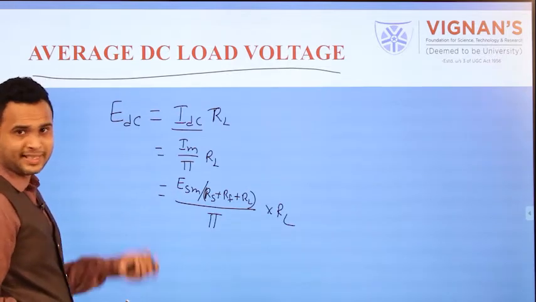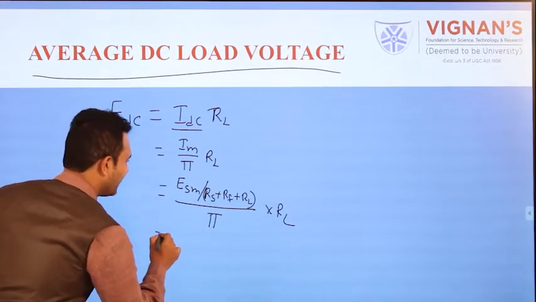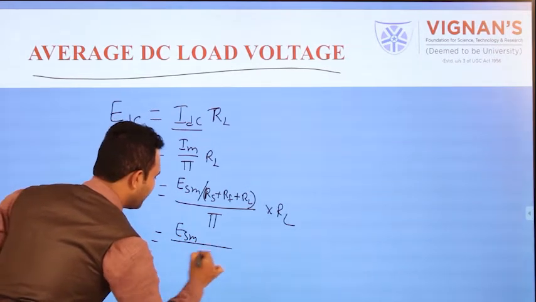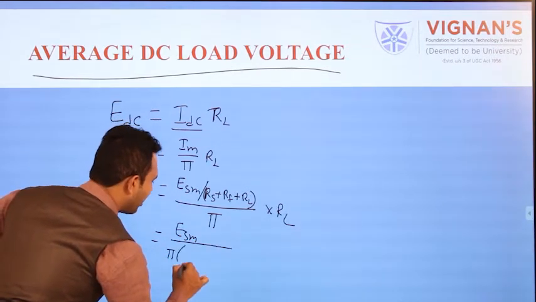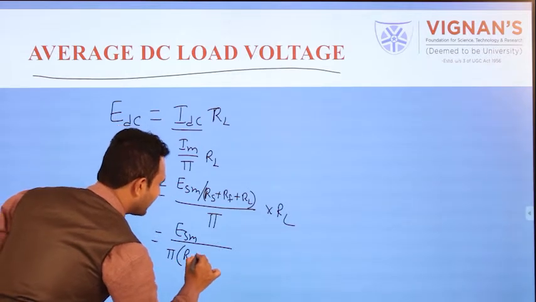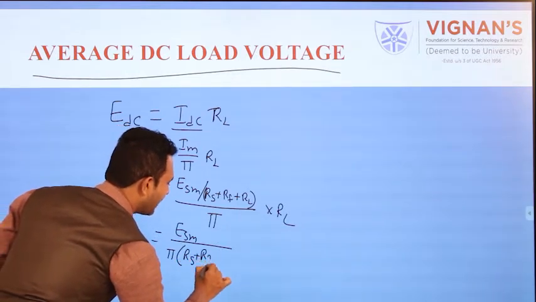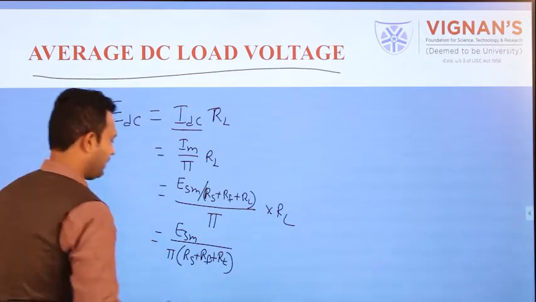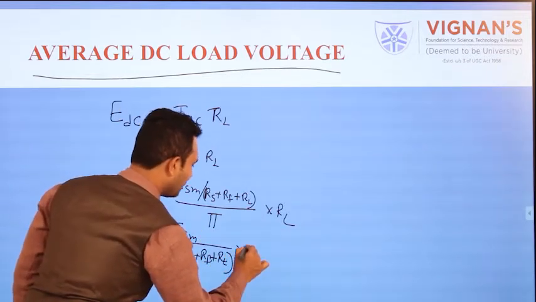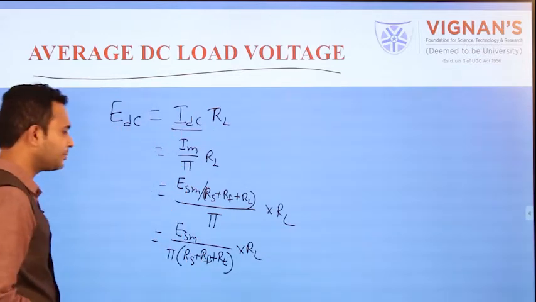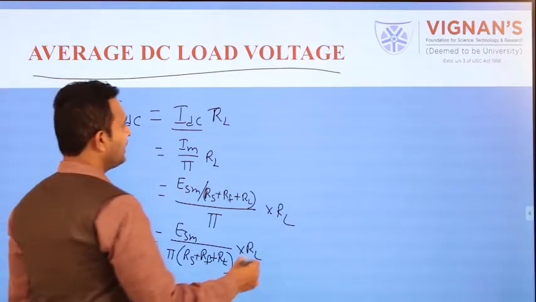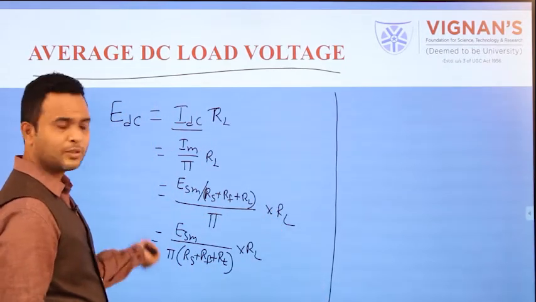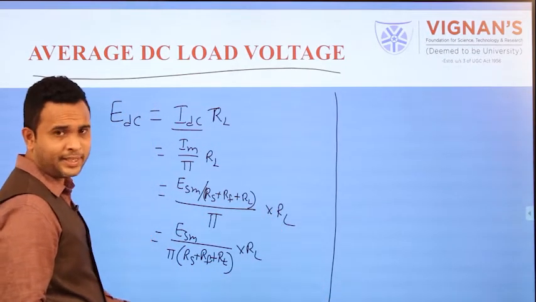How can we rearrange this? We get ESM divided by pi of RS plus RF plus RL, into RL. Here you can divide the numerator and denominator by RL.